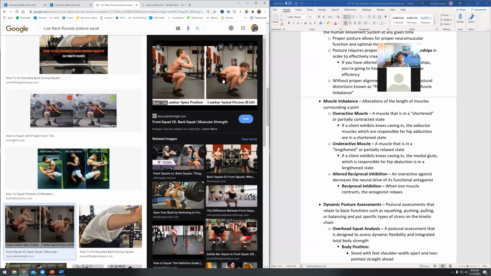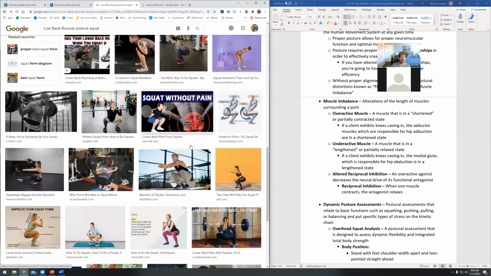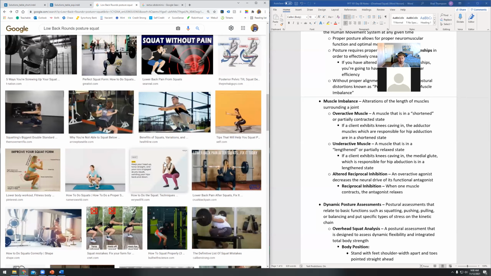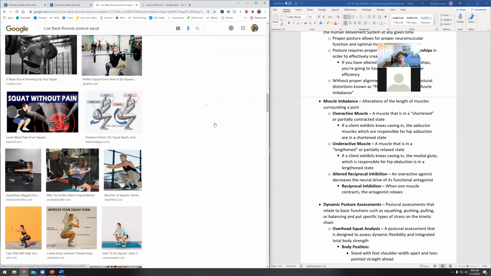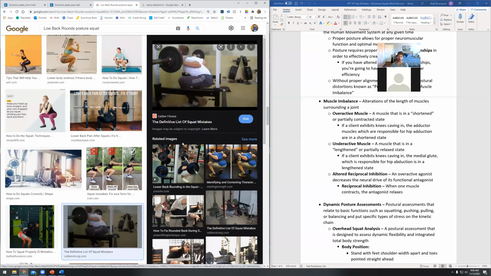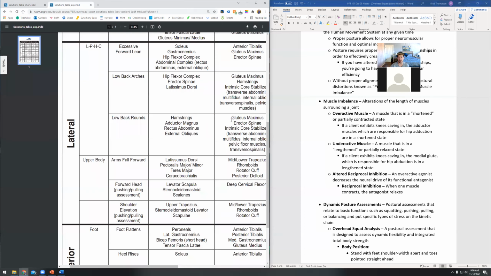So you can see this guy's pelvis is being pulled up to his sternum because his abs are contracting rather than just stabilizing. That's the sign of a weak core stabilization system. And you'll see here the muscles they need to work on, that's all their core stabilizers there.